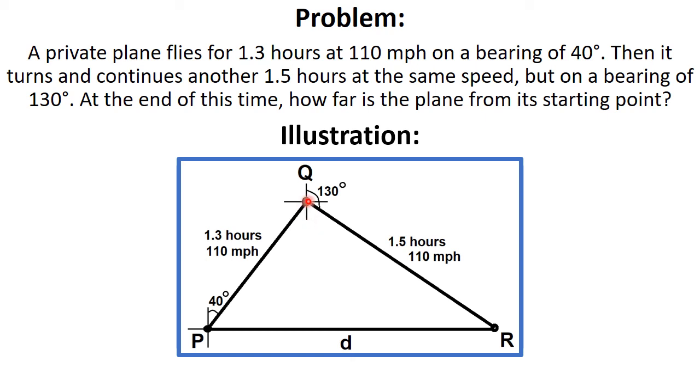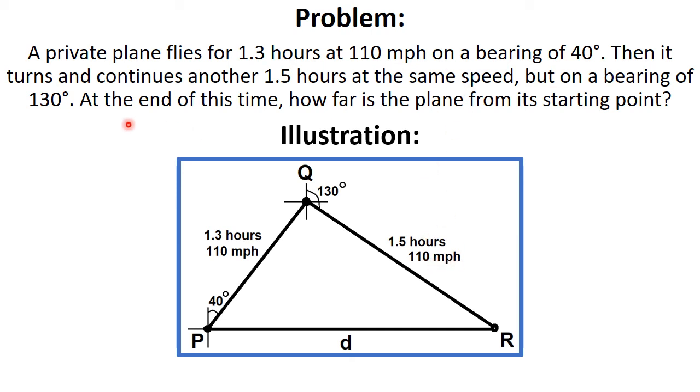We extend the line of the terminal side to a point of estimate onward and label it as R. We label the length of the line segment QR with 1.5 hours, 110 mph.